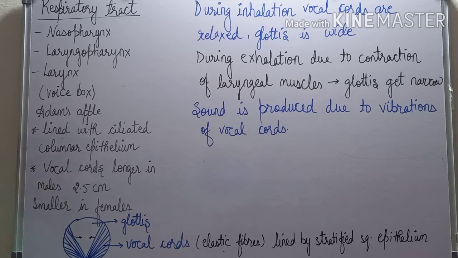But when we are exhaling, when we are breathing out, due to contraction of the laryngeal muscles, what happens? You all must know that when we breathe out, the diaphragm rises, the lungs get contracted, and along with the lungs the larynx also gets contracted, and due to contraction of the laryngeal muscles, the glottis becomes narrow.